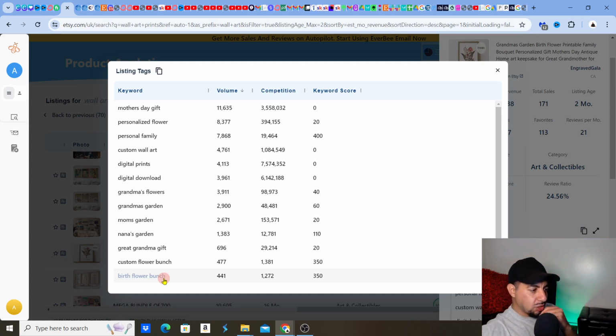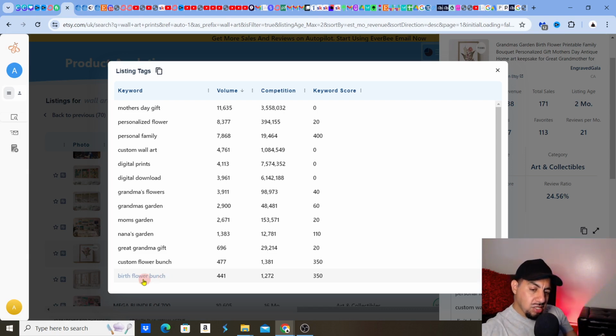So for example, April is represented by the flower daisy. So basically the daisy is a representation. So what it is, the birth flower bunches, all the flowers that represent the birth dates of the family. So people actually look for that on Etsy so that they can get a custom bunch of flowers for their family sent to them or designed for them, right?